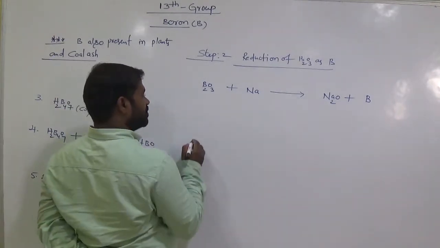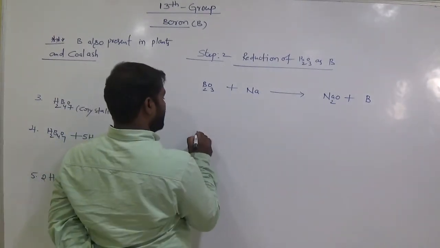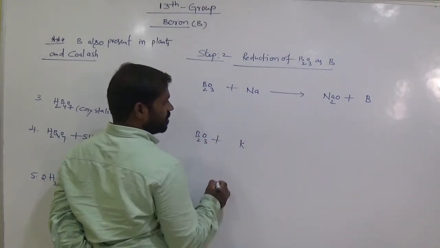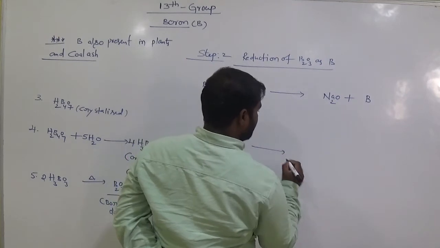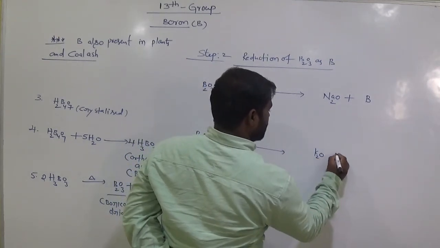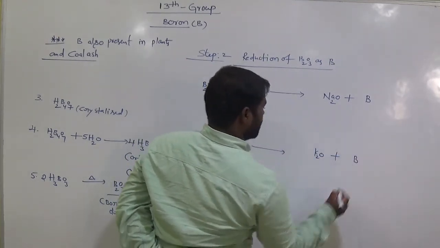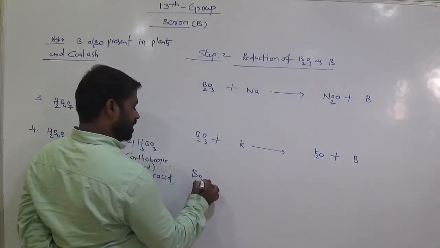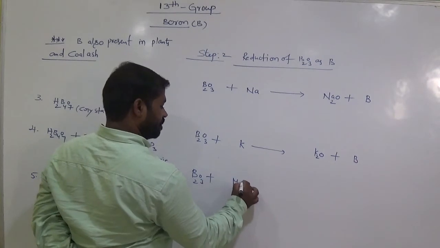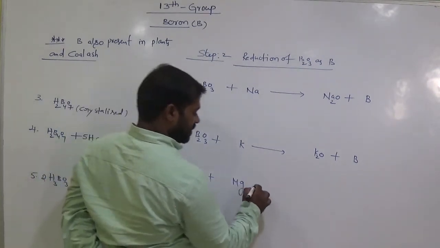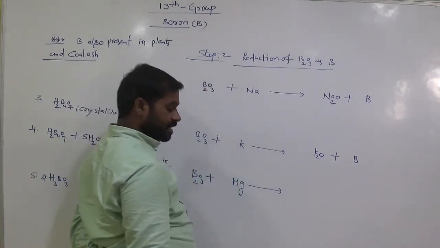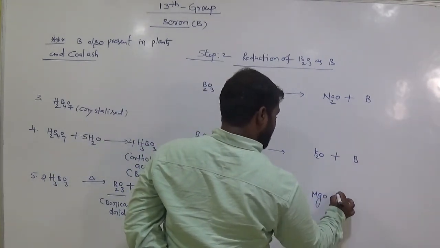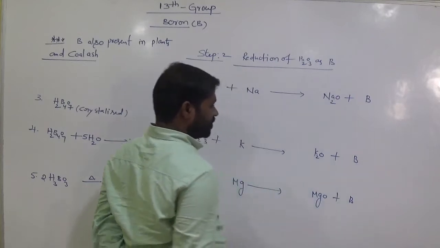And one more possibility here, this B2O3 interact with potassium, we can prepare potassium oxide and boron. And one more possibility, B2O3 with magnesium metals, which gives magnesium oxide and boron.